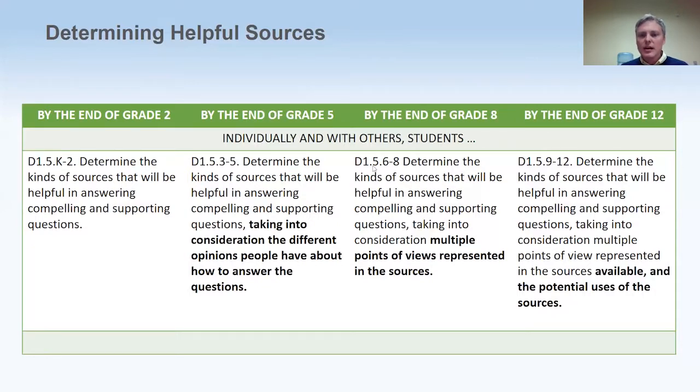If I want to learn why we have rules, would it be good for me to ask questions of an adult, of a teacher, or of a principal or somebody like that at my school site, or a parent? What are the sources that would be best, as opposed to turning to the student sitting in the desk next to me and asking what his or her opinion is on the matter? What are the most helpful sources?